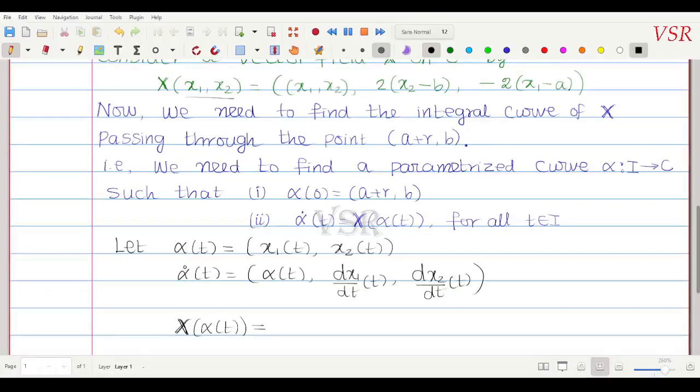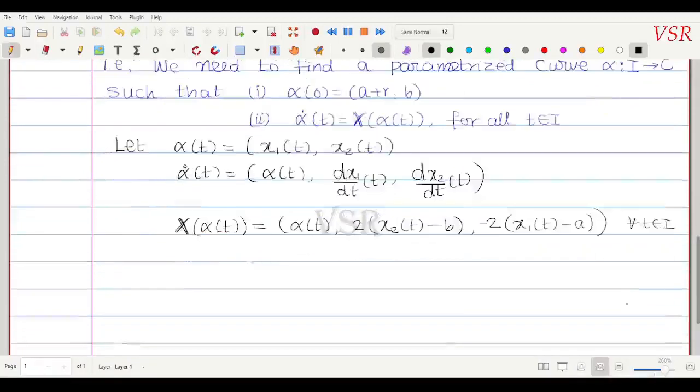So this is equal to alpha of t comma 2 times (x2 of t minus b) comma minus 2 times (x1 of t minus a), for every t belonging to I.